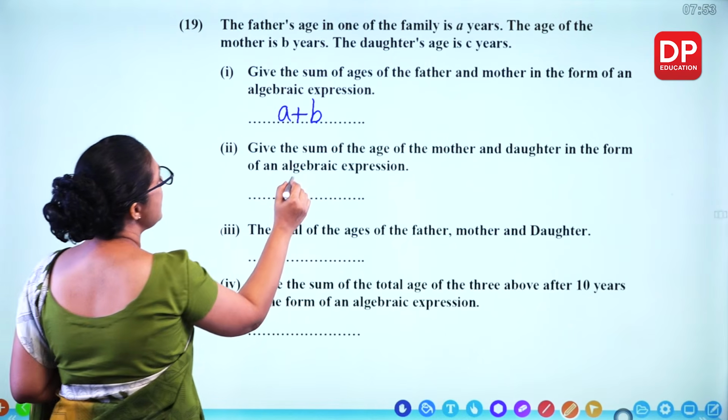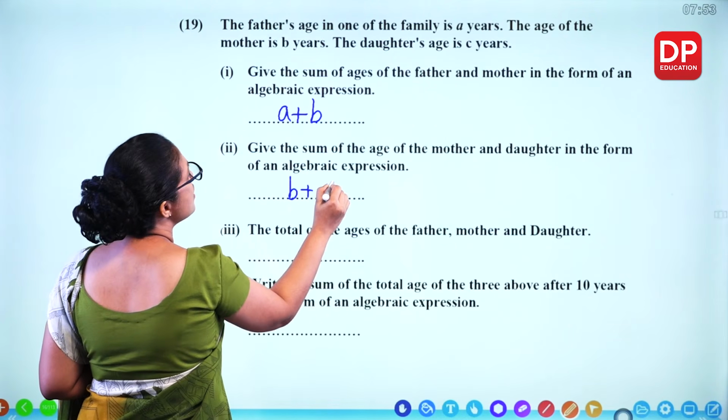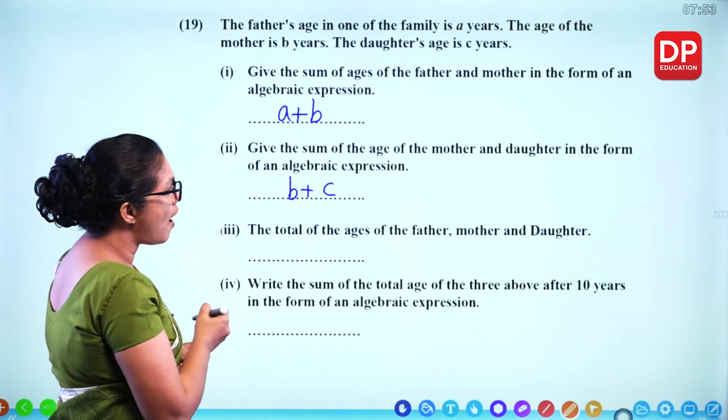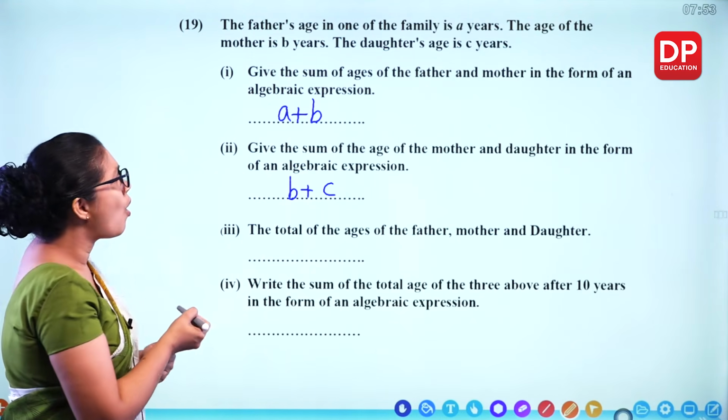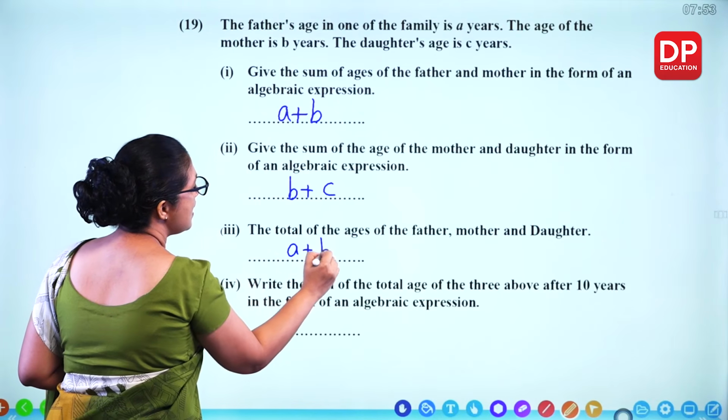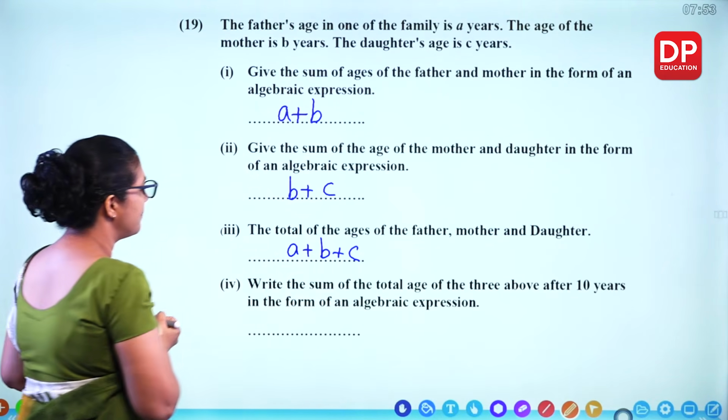Mother's age is B, daughter's age is C. The total of the ages of the father, mother and daughter, all three of them, is A plus B plus C.